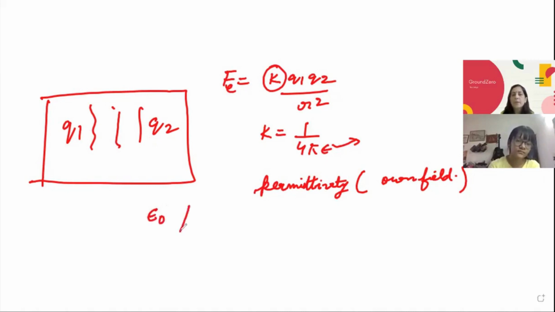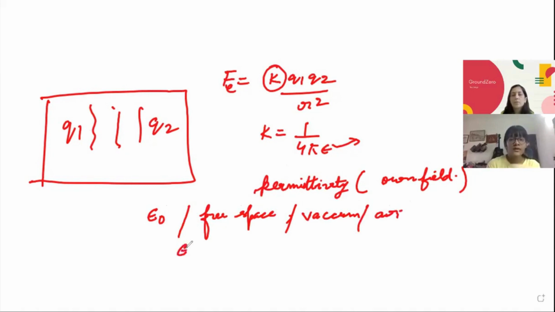So what do you find for permittivity in free space, or you can say in vacuum? What's its value? Vacuum, free space, air, that is given by epsilon naught, which is 8.85 into 10 to the power minus 12, right?